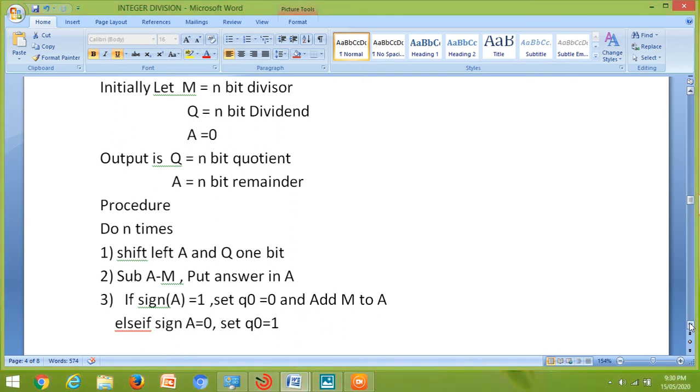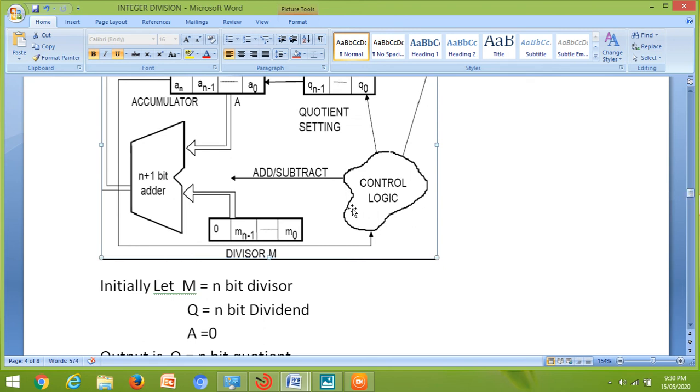Third step, you have to check the sign of A. The sign bit is always represented by the most significant bit. If the MSB of A is 1, then you have to set Q0 to 0. Where is Q0? You can see this is Q0.